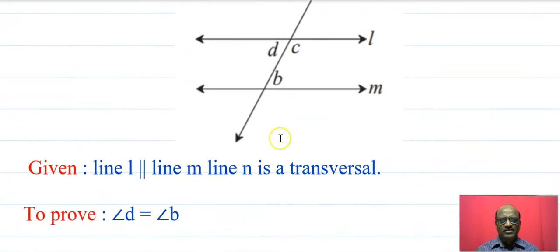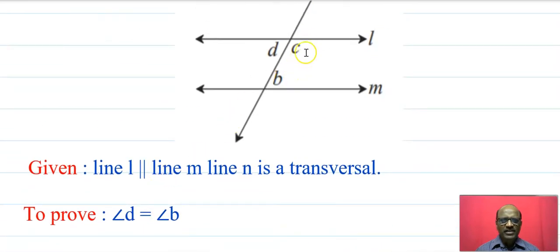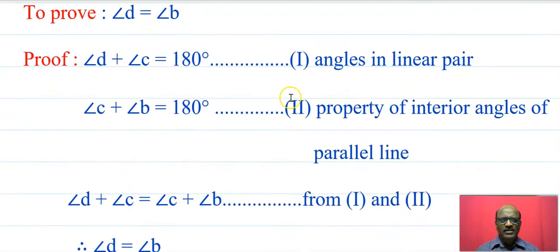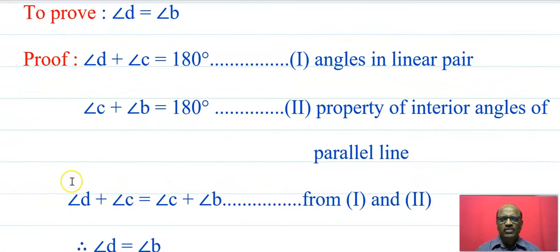Now see these two angles, angle C and angle D. They are linear angles and the sum of their measures is 180. Therefore, measure of angle D plus measure of angle C is equal to 180, and this is the first statement. Next, measure of angle C plus B is equal to 180. Again, we have proved the interior angles theorem for parallel lines. Now see these two statements.